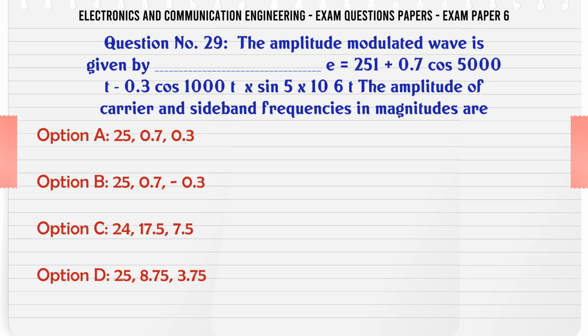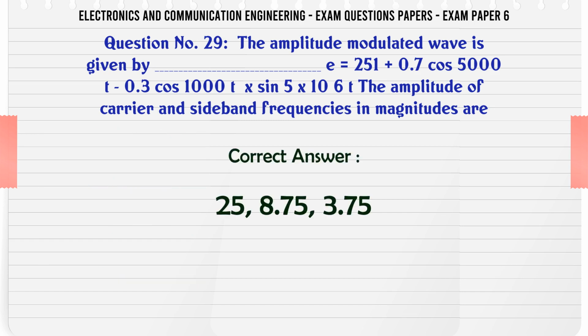The amplitude of carrier and sideband frequencies in magnitudes are A) 25, 0.7, 0.3, B) 25, 0.7, 0.3, C) 24, 17.5, 7.5, D) 25, 8.75, 3.75. The correct answer is 25, 8.75, 3.75.